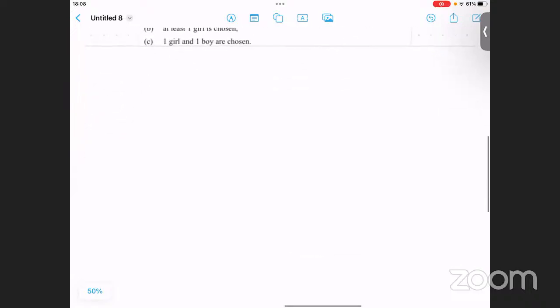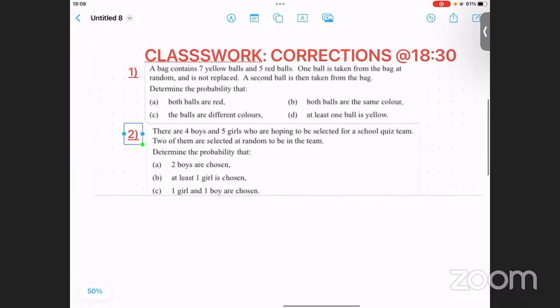I'm just gonna move this up. Okay, so the first one, I'll just remove it when I'm writing it. The first question was question one, and the statement went like: a bag contains 7 yellow balls and 5 red balls. One ball is taken from the bag at random and is not replaced.